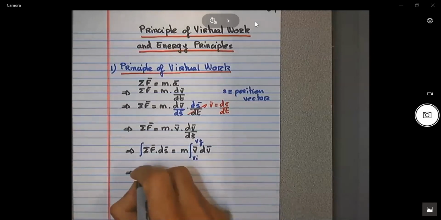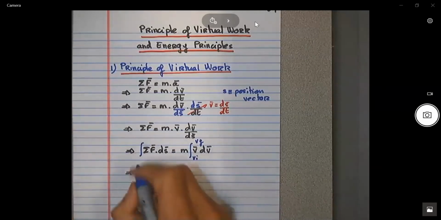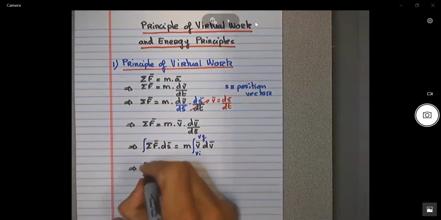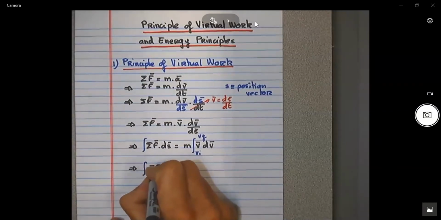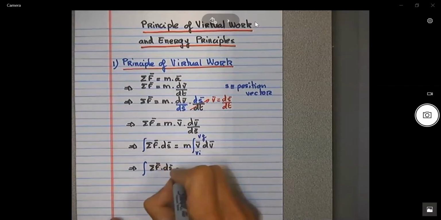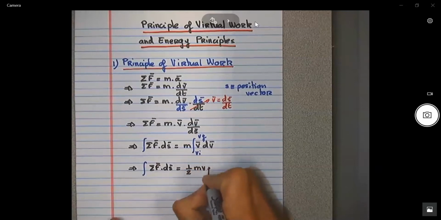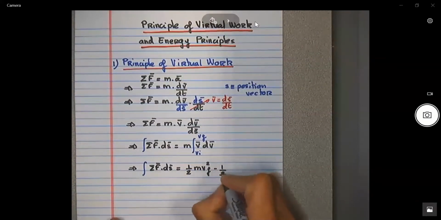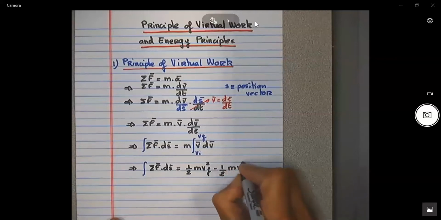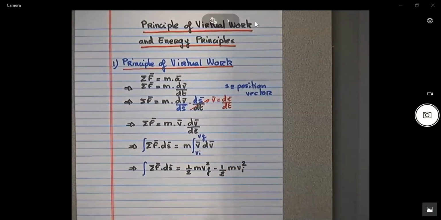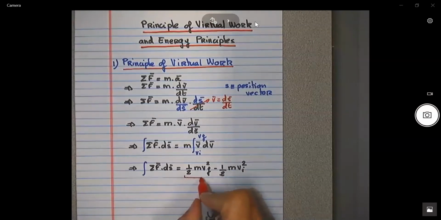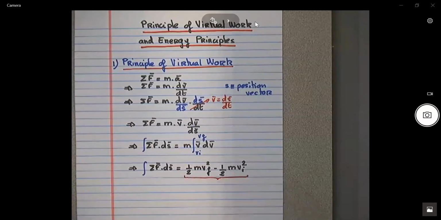You have here summation of forces ds will be equal to what? 1/2 m v final squared minus 1/2 m v initial squared.